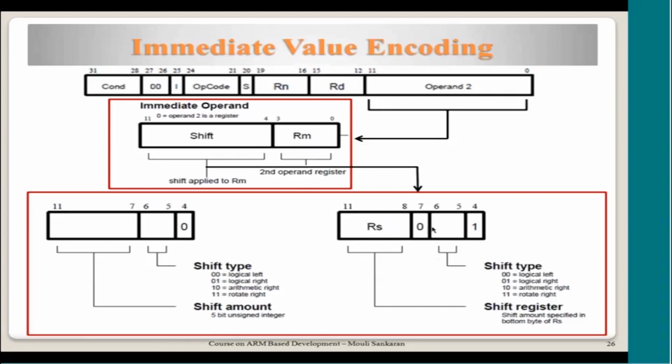It will perform all the operations that you want to do, but the shift count will be taken from the Rs register, and that also from the lower byte of the register. Please understand this.